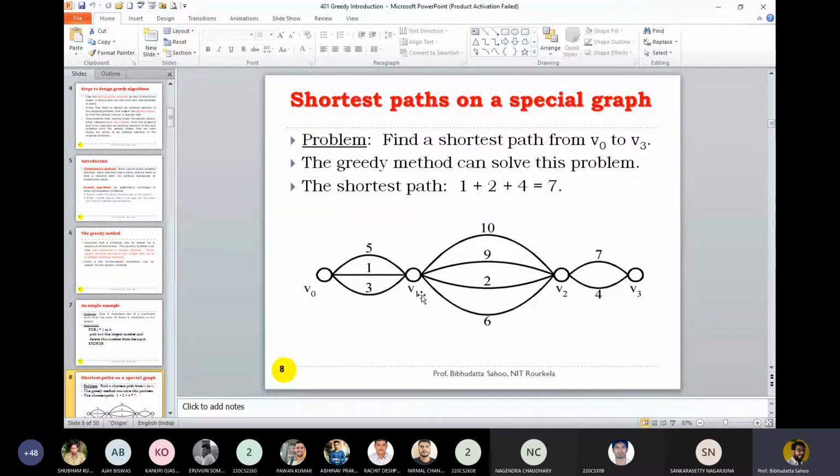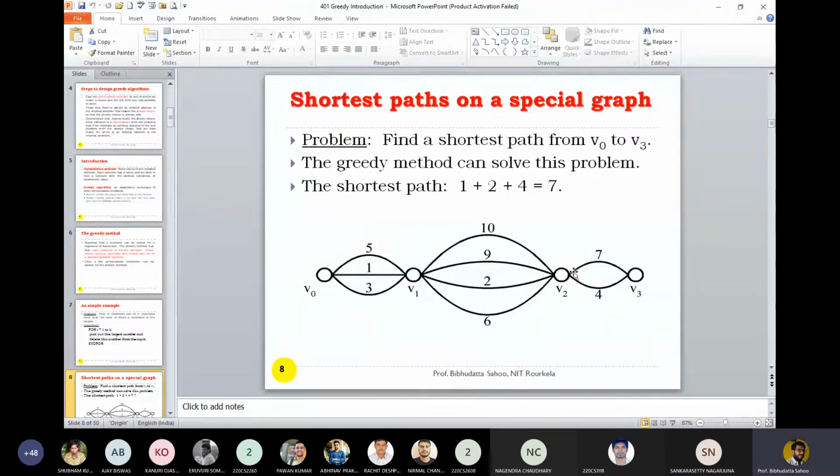But in dynamic programming, if you have made a selection from V0 to V1, then when you are at V2, you are considering all possibilities. Maybe this is the ideal case, 1 is there. Let us change this value 1 to 4. Then I have taken this 3, then I have taken this 2. Then this becomes greedy.